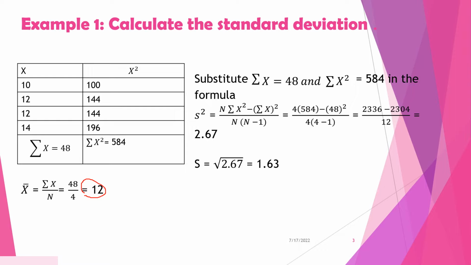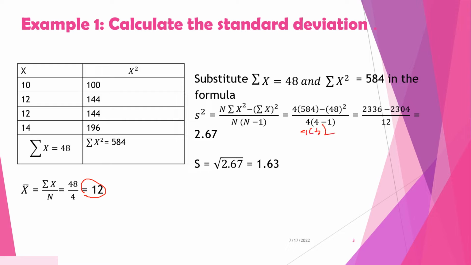That is 4 times 584, because our n is 4, minus 48 squared. So that is 2,336 minus 2,304 divided by 12, because 4 times 3 equals 12.